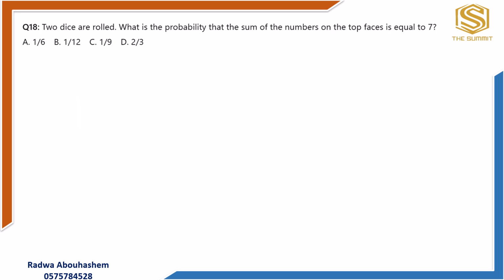Now, 2 dice are rolled. What is the probability that the sum of the numbers on the top faces is equal to 7? Let me see. This is the first die: 1, 2, 3, 4, 5, and 6. And the second one is also the same. Let me combine the numbers that add up to 7.